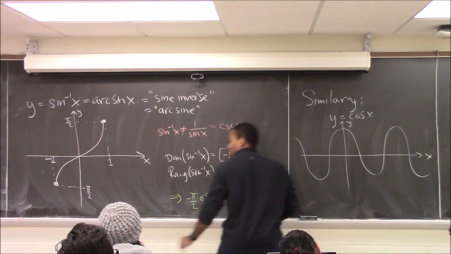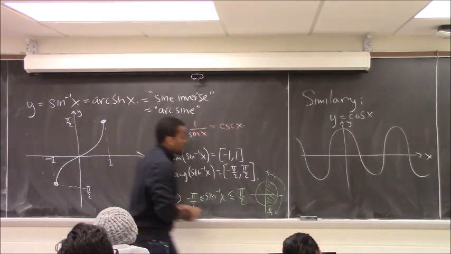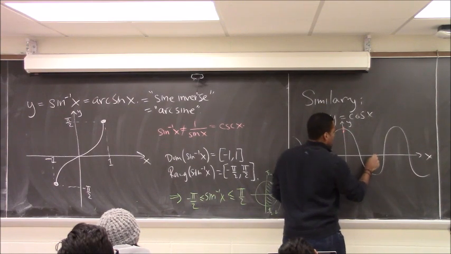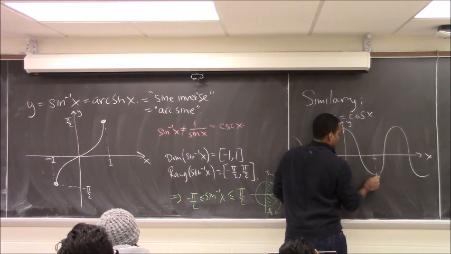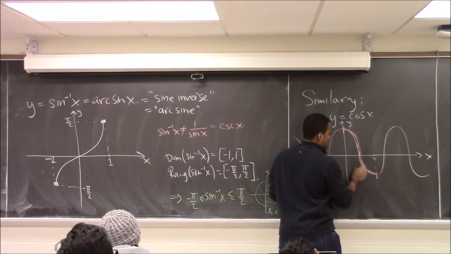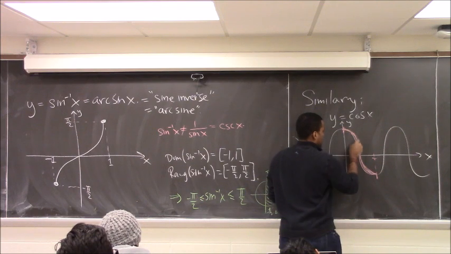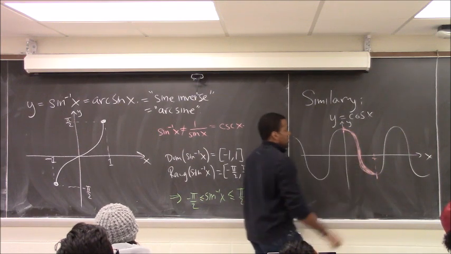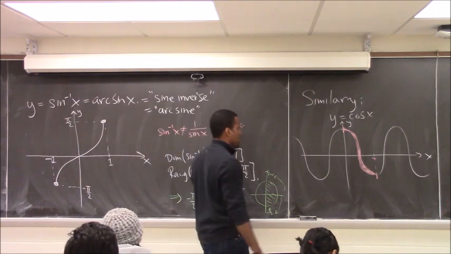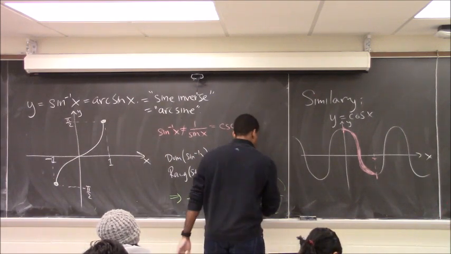The part of the cosine graph that we cut off is actually the part here between 0 and pi. This is the part that we take for the cosine. That section of the graph will pass both the horizontal and vertical line test. I will be able to actually reflect it.